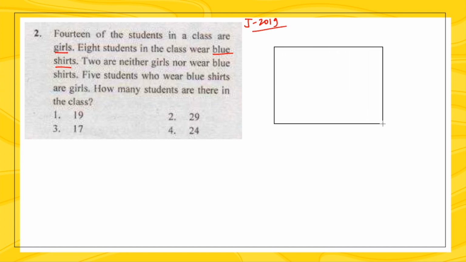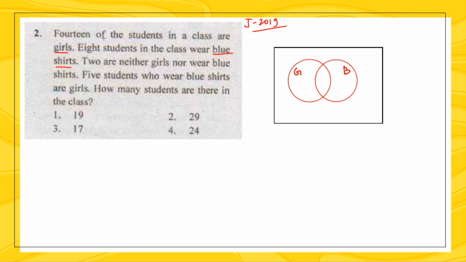So let's say I'm making a Venn diagram which consists of 2 parameters. One is for girls and one is for blue shirt. So these are girls and these are your blue shirt.